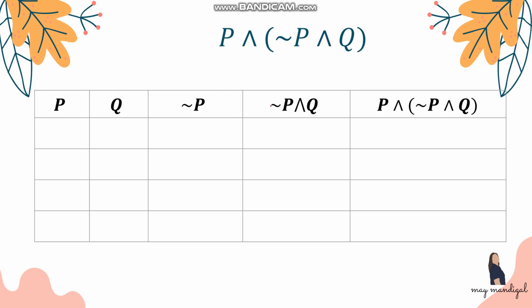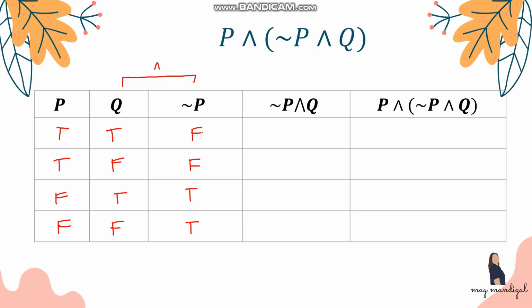So let's use again the truth table. So here we have P and Q. So let's write true, true, true, false, false, true, and false, false. Okay, so let's get not P. So we have here false, false, true, and true. And we have here not P and Q. So this is not P, then this is Q. So let's get the conjunction of the two.